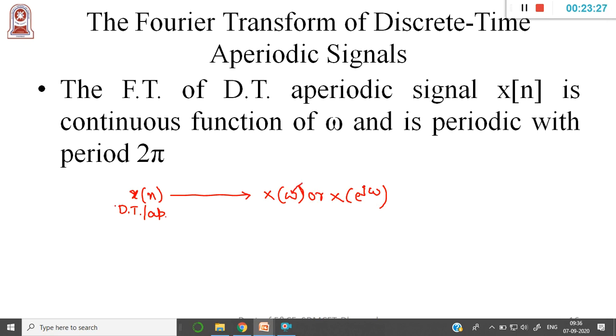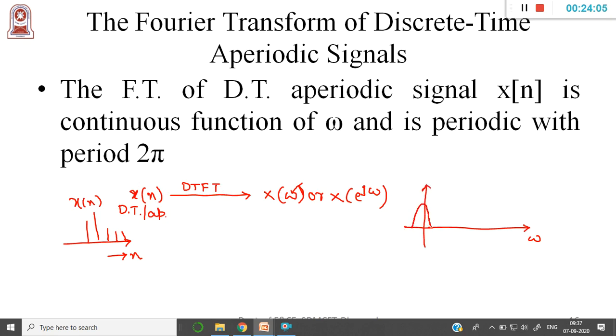Now here, x of n was varying with respect to samples. This was the x of n signal. Now this particular signal is varying with respect to frequency, that is omega, and after applying DTFT, x of omega, a discrete time aperiodic signal will be converted into what type of signal?